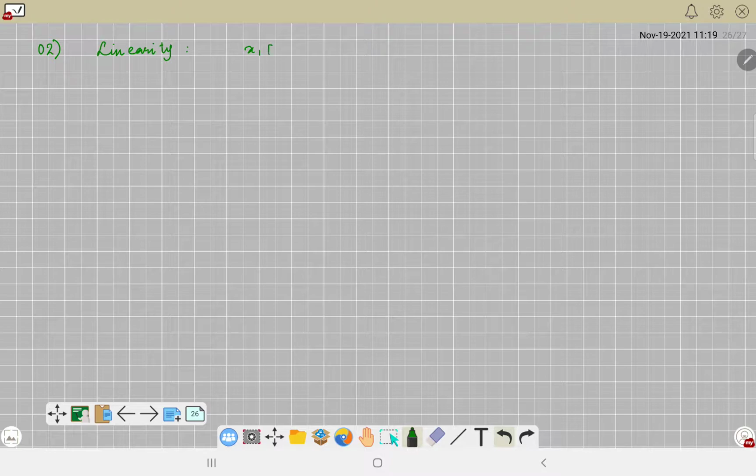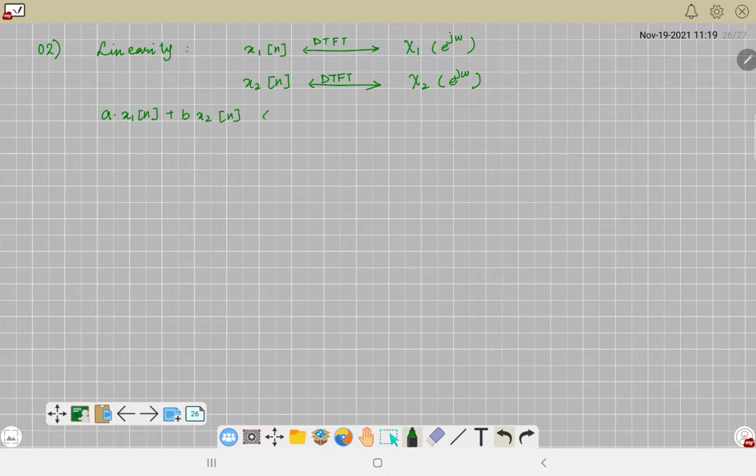According to it, if you have a sequence x1[n] whose discrete time Fourier transform is, let's suppose, X1(e^{j omega}), and a second sequence x2[n] whose discrete time Fourier transform is X2(e^{j omega}), then if you make a linear combination of these two sequences, a x1[n] plus b x2[n], and take the transform, it will be a X1(e^{j omega}) plus b X2(e^{j omega}).